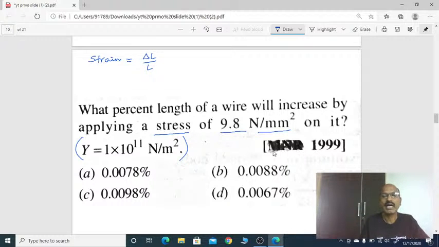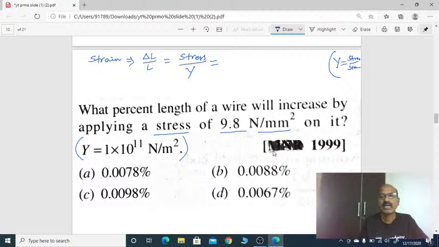This strain we can write as stress by Young modulus, because we know Young modulus equals stress by strain. So strain equals stress by Young modulus. Now what is the stress given here?